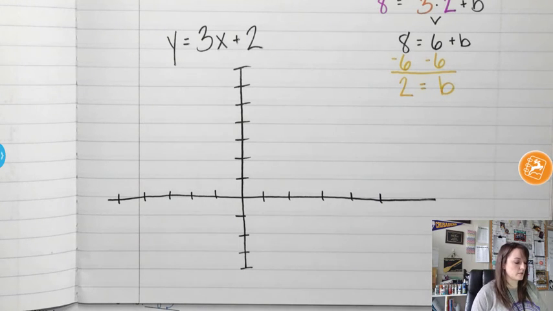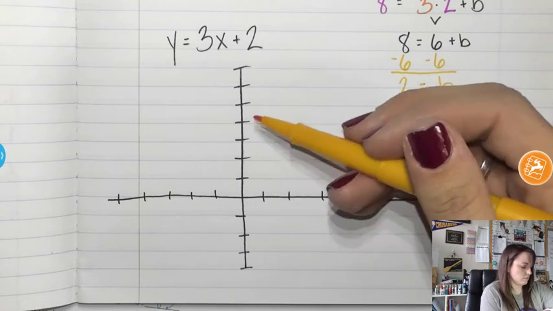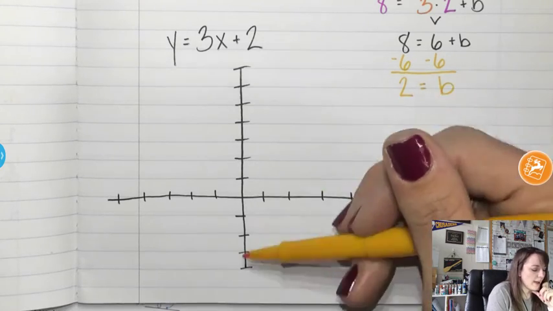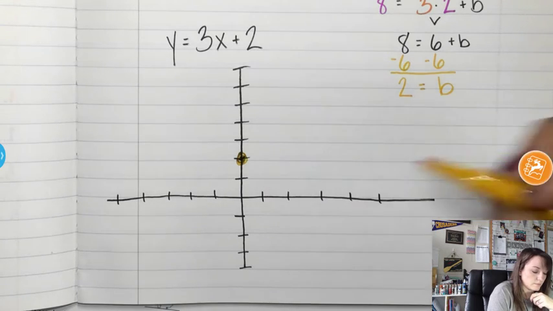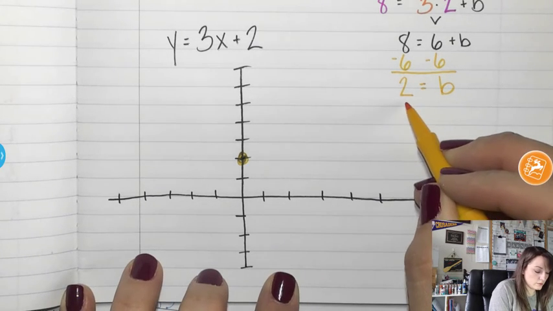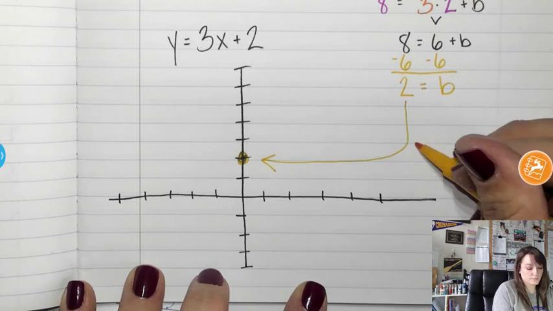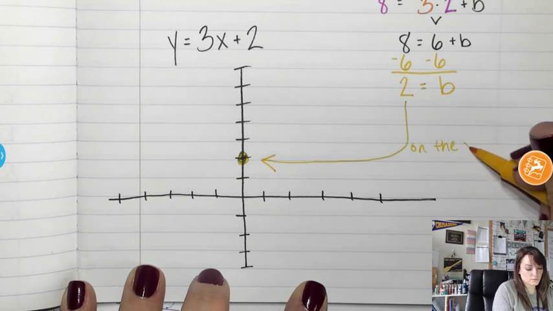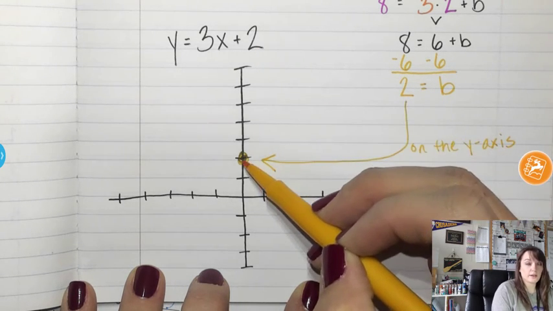That's my starting point. That's the y-intercept point. So on my y-axis, this 2 goes here. So this 2, I graph that on the y-axis. That 2 is right there.